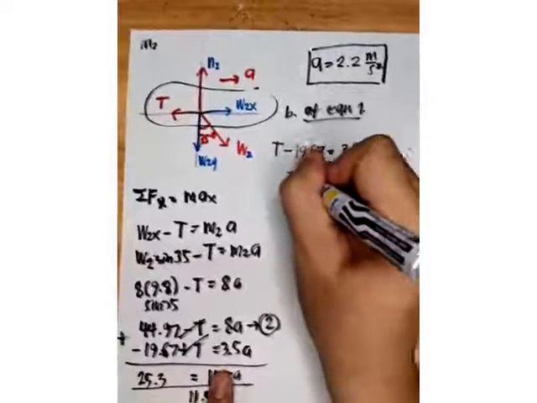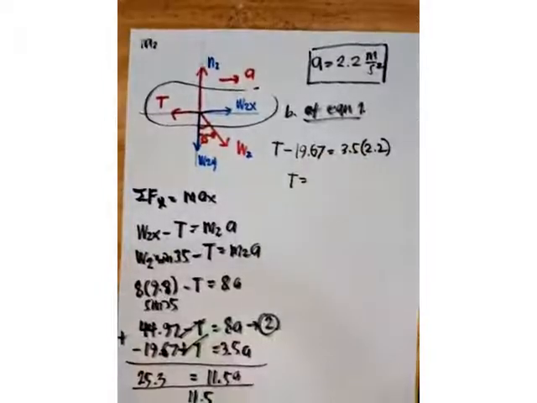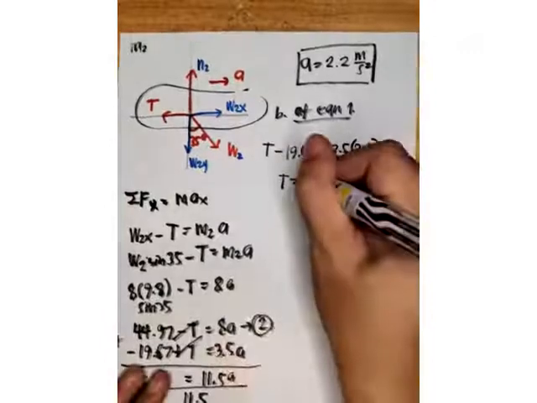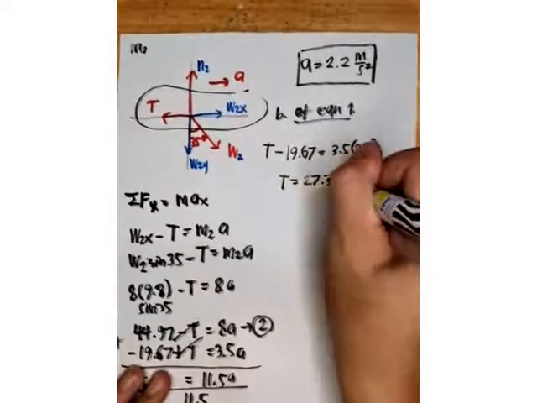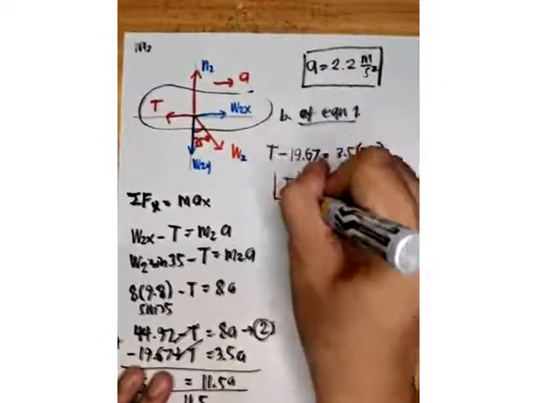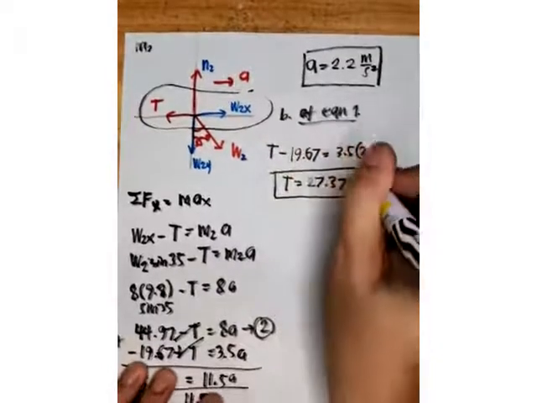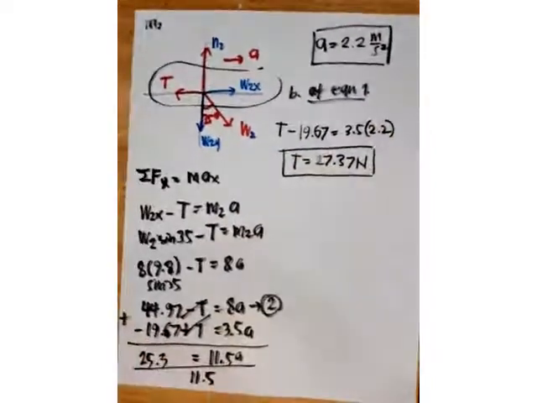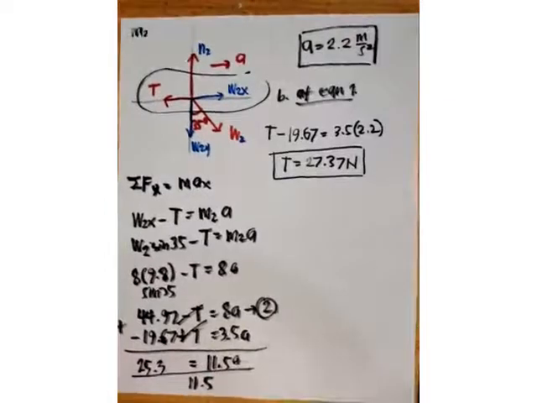Ayan. So what's the tension? So transpose yung 19.67. Is 27.37 newtons. Ayan. So ito yung final answer.